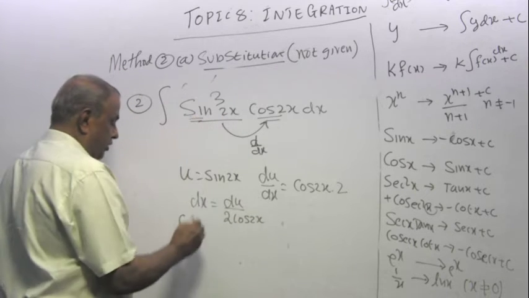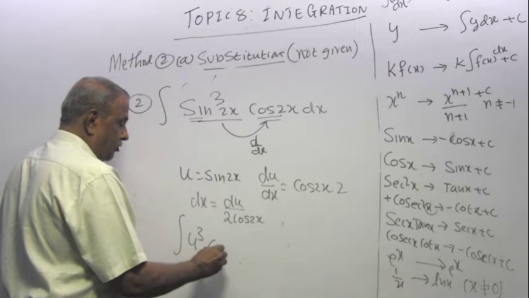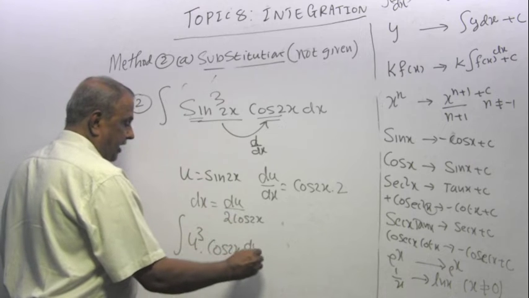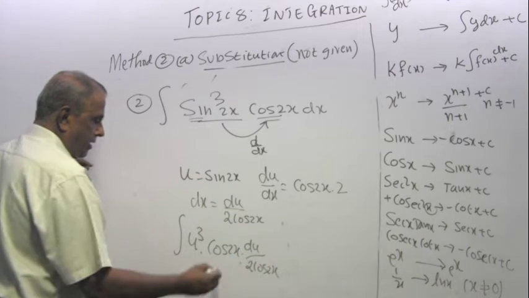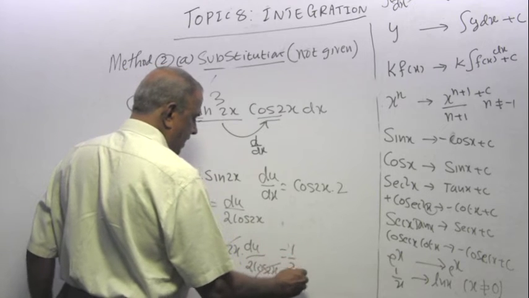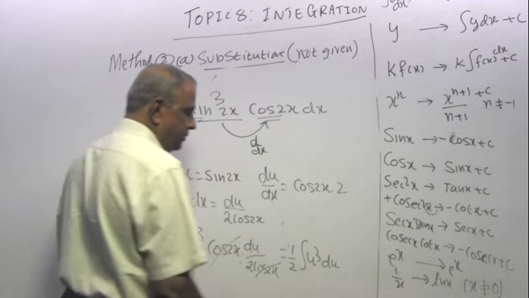In place of sine 2x, I can write u. I don't know anything about cos 2x, I keep it as it is. In place of dx, I can say du over 2 cos 2x. The cos 2x and the cos 2x cancel. Don't I get half integral u cube du.